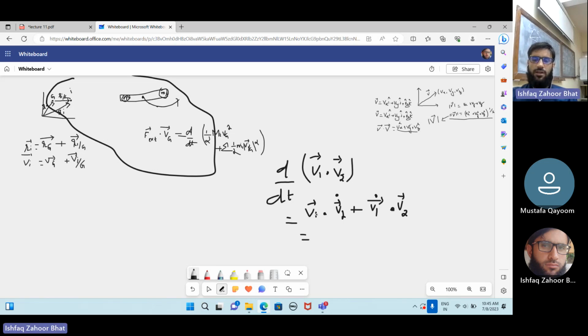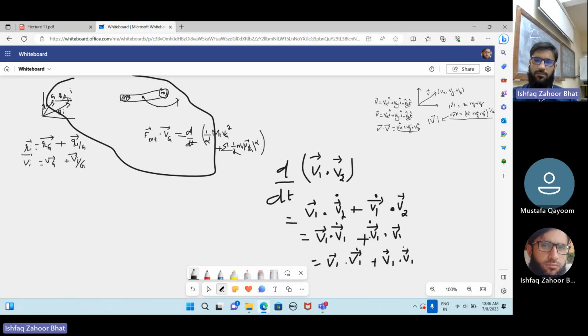So now when v1 and v2 are equal, this will become v1 dot v1 dot, and this will become v1 dot dotted with the v1 vector. Since this dot product is commutative, I can write this as v1 dot v1 dot plus v1 dot v1 dot.